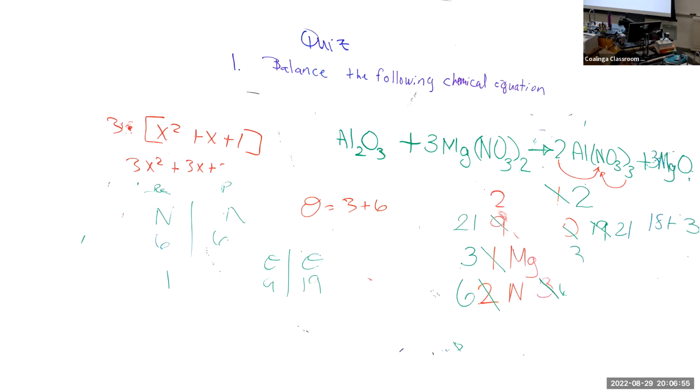So 2 times 3 is 6, times 9, 18. Then we add another 3. It's 21. So that's how we got that 21. Okay. So it's just bookkeeping. And then when you're tired, you screw up on bookkeeping, right? Or you screw up on the equation, you screw up on the bookkeeping.